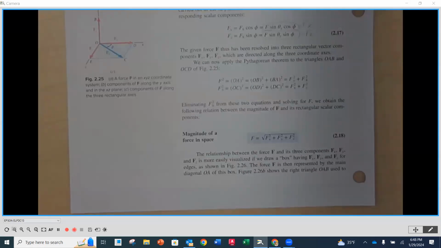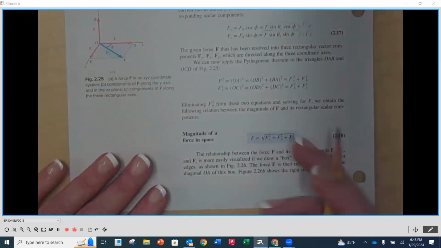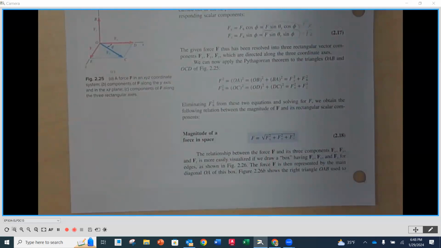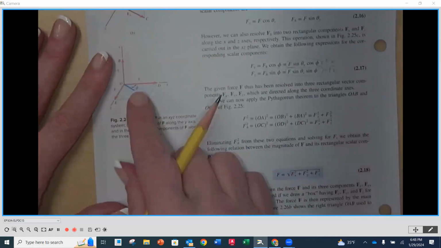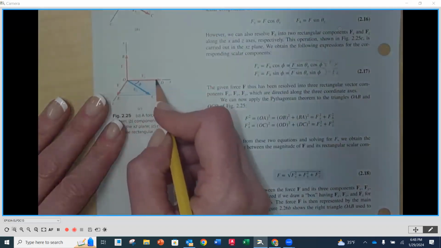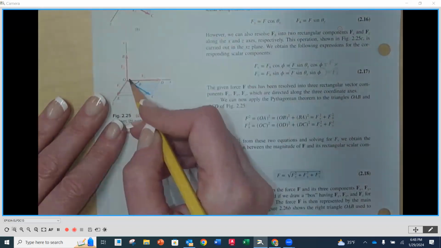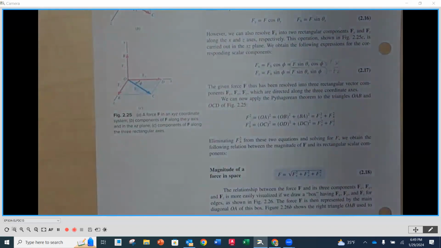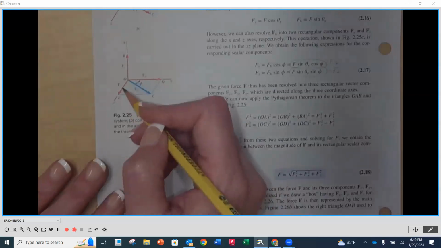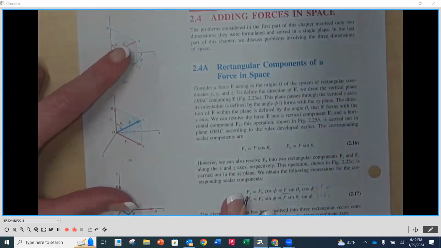The magnitude of the force is going to be equal to the square root of Fx squared plus Fy squared, and then plus Fz squared, because if we look up here in this bottom illustration down the row, here's our x component, z component, and our y component. And if we take, if you would, a modified Pythagorean theorem of that, just adding in the square of the Fz squared, now we're going to have the length of that vector.